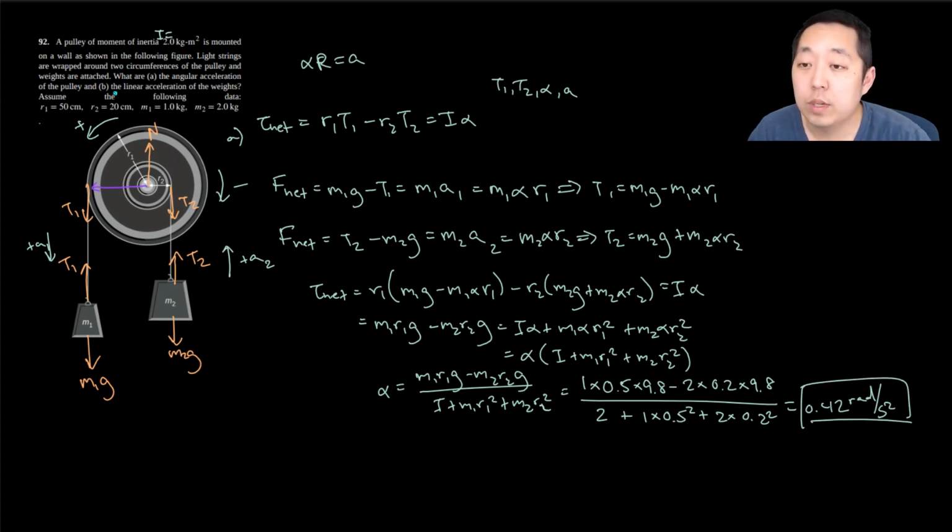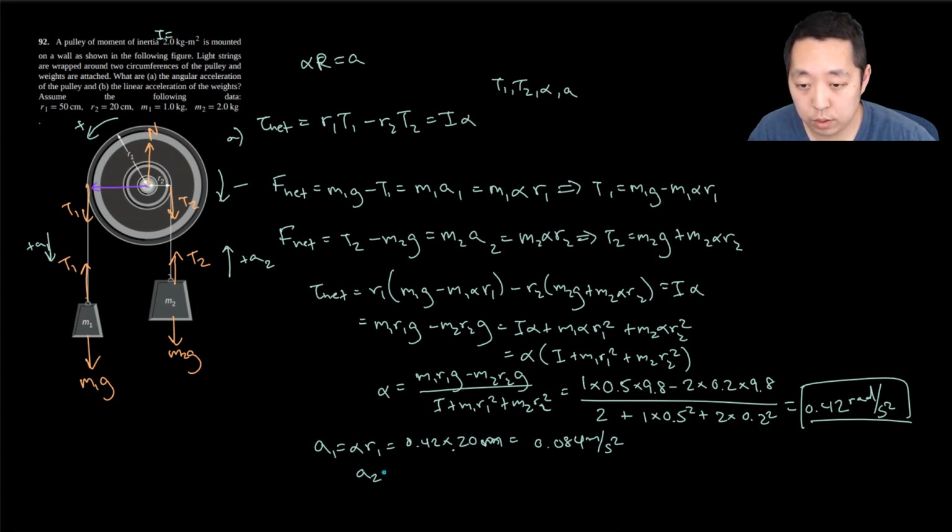Okay, and then what is the linear acceleration of the weights? Well, A1 is going to be alpha times R1. So that's going to be 0.42 times 20 centimeters, or 0.2 meters. So times that times 0.2 is 0.084 meters per second squared.